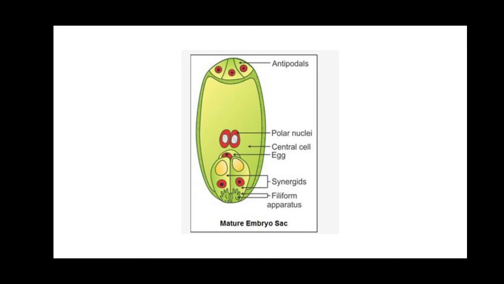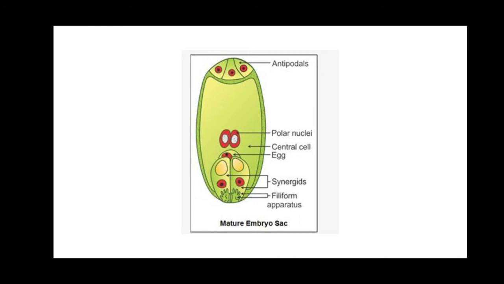Now, the polar nuclei, present at the very center, are two in number, and these two polar nuclei are inside this large structure called the central cell, which is the major portion of the entire structure.